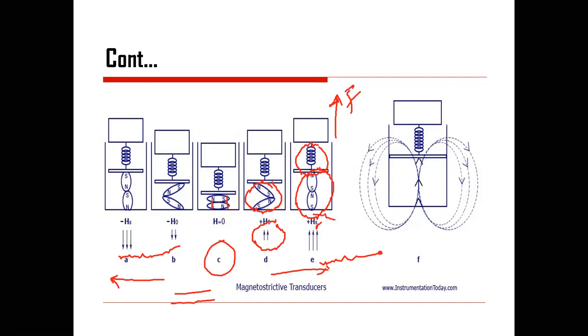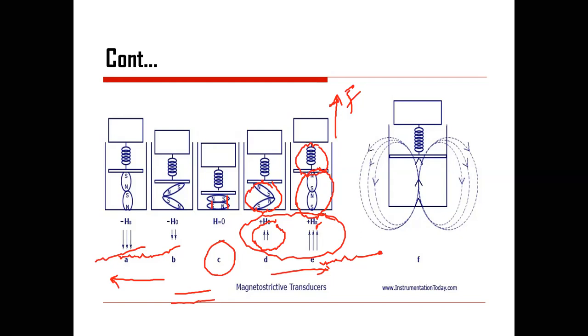So this part, if you are applying it in a mechanical manner, you are to reach the saturation level. In this particular aspect, you can consider the mechanical to magnetic one.